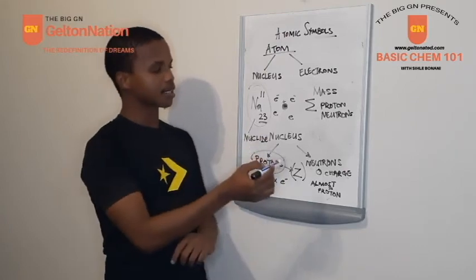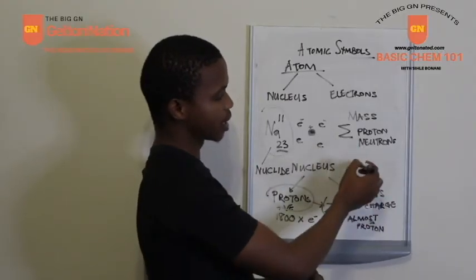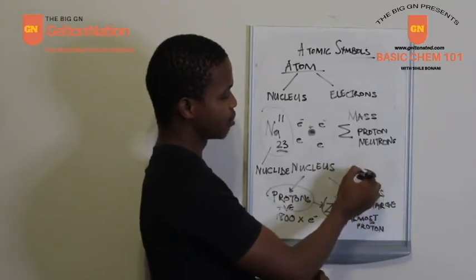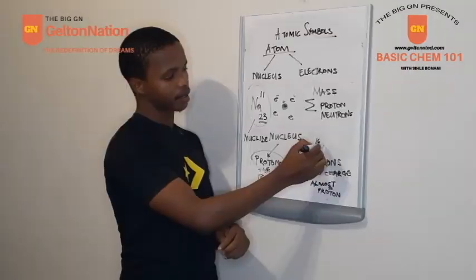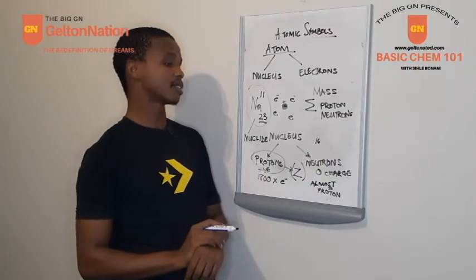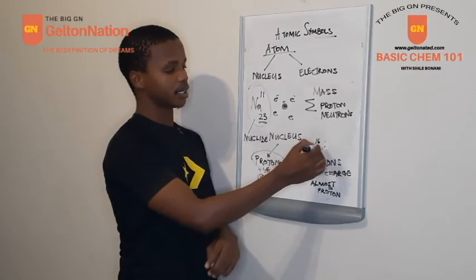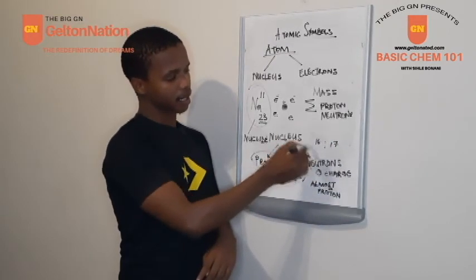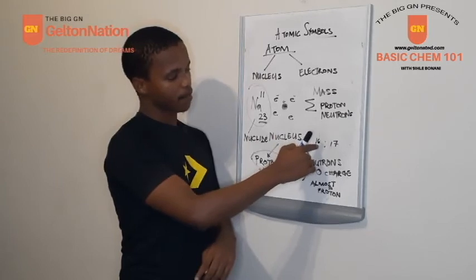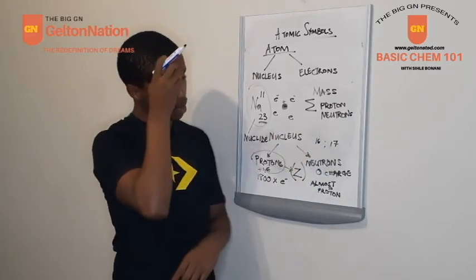But for cases such as oxygen, it has different mass numbers, which is 16 and, let's say, 17. But the 16 mass number is the most abundant.